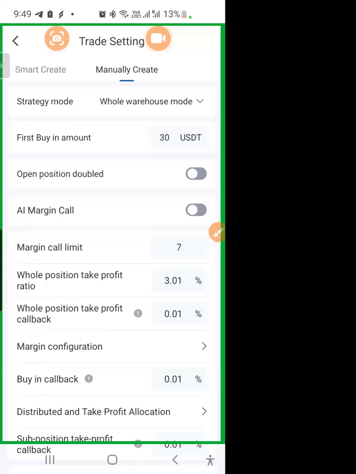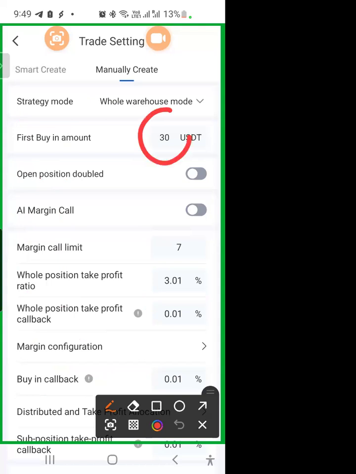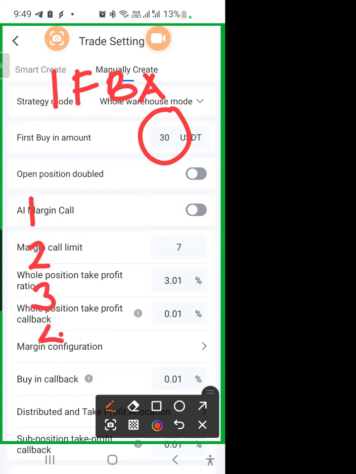Assuming you told your robot to first expose $30 as the initial first buying amount. If you don't change this $30, your robot has bought the first margin call, second, third, and the fourth.